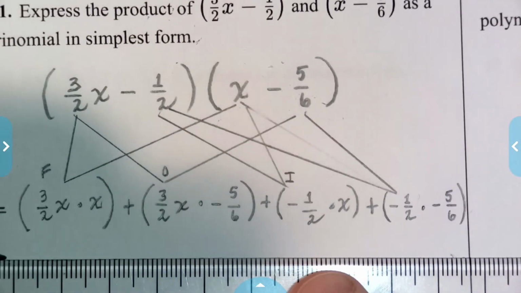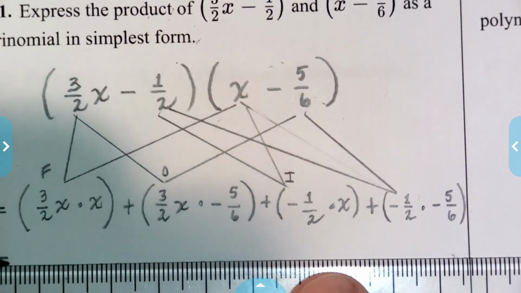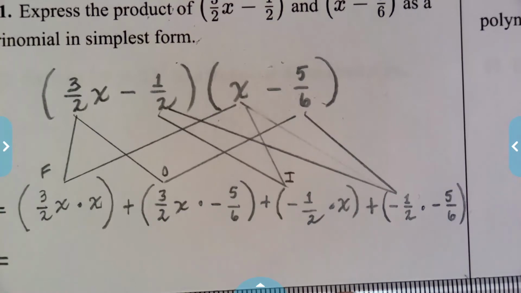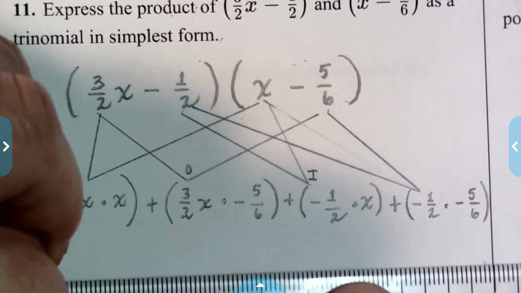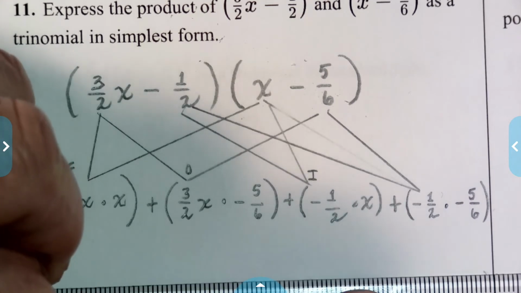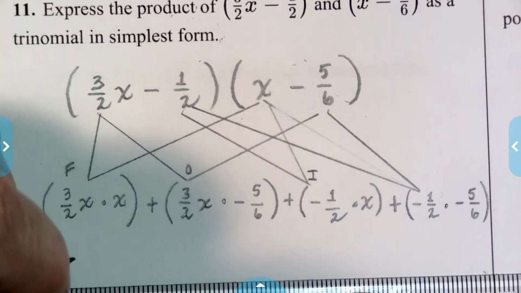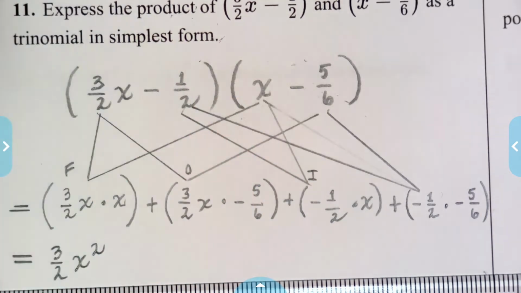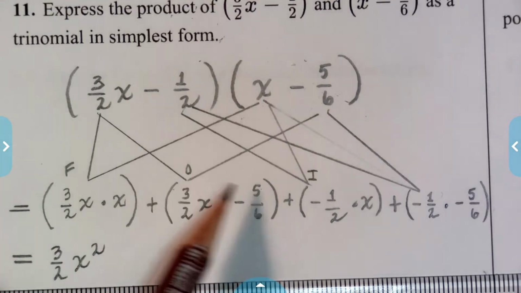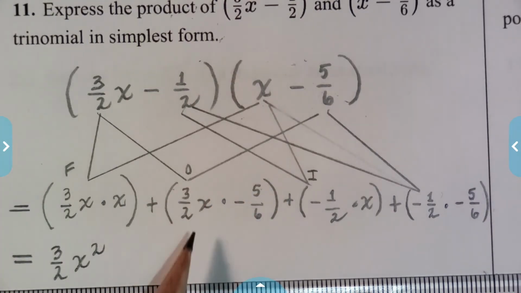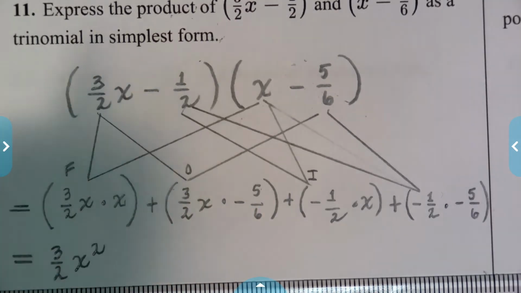Let's simplify this down. Well, 3/2x times x is just 3/2x squared. And now you can multiply across the top and across the bottom to get negative 15 over 12.